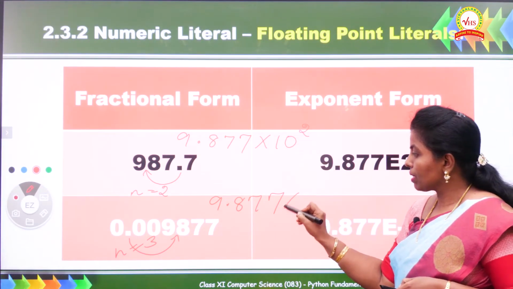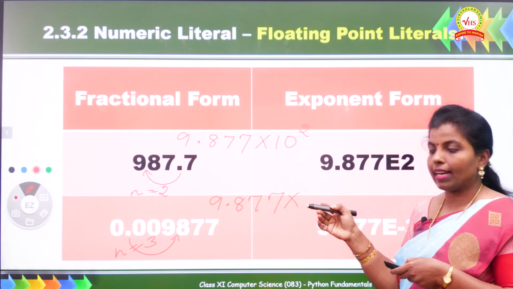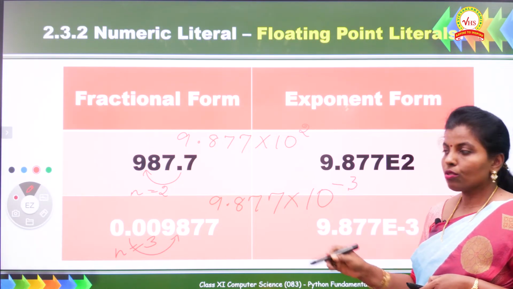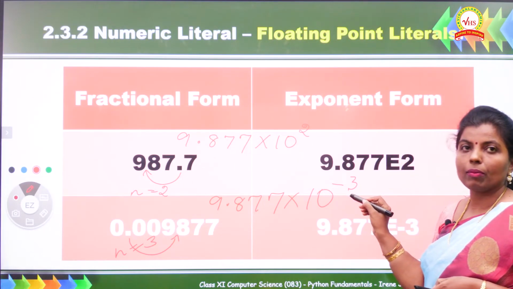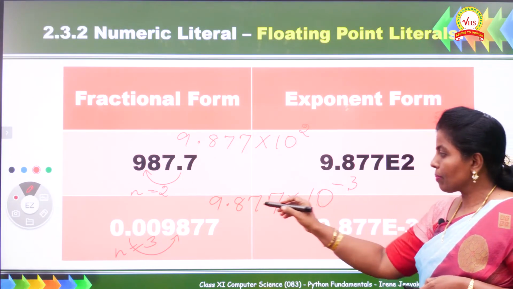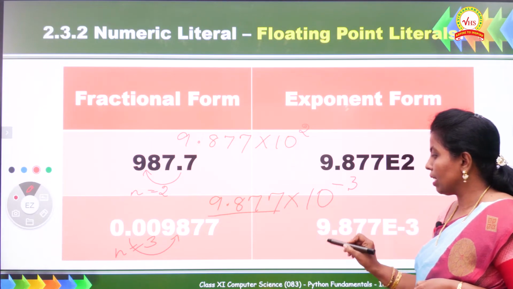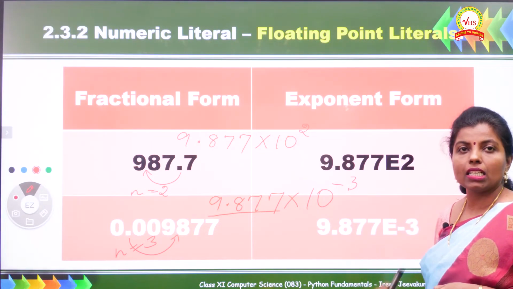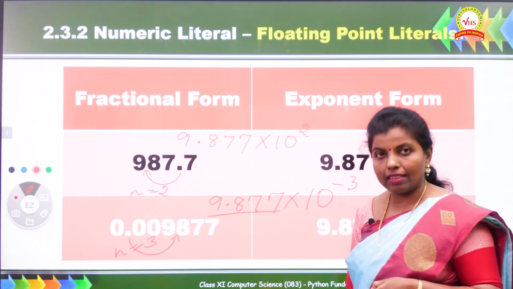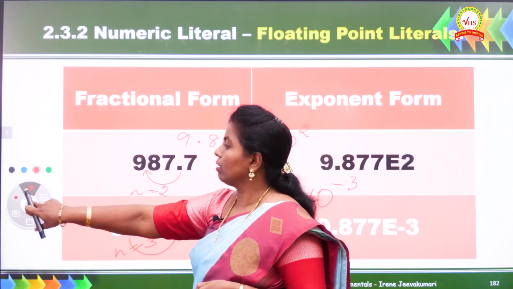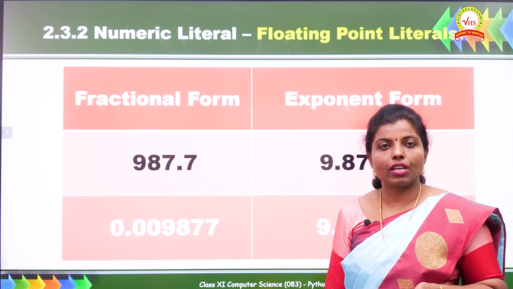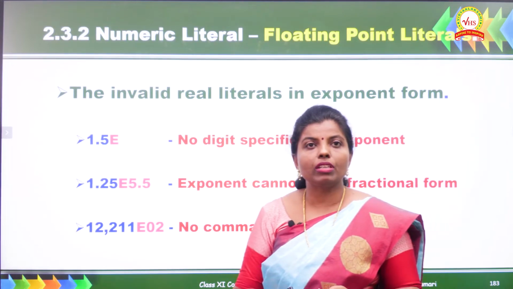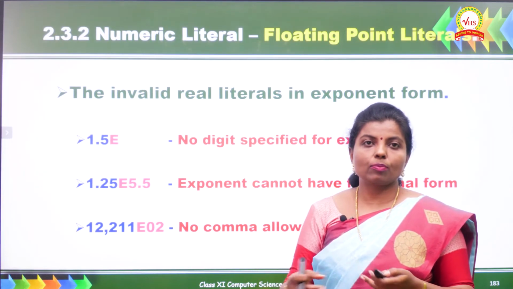As I have moved towards the right direction, I will be representing in negative powers of 10. So, it is going to become minus 3. So, I will be representing this as 9.877 e minus 3. So, I have represented in this way, and also I have converted all the fractional numbers into the exponent form. Now, also we have to see some of the invalid exponent forms.